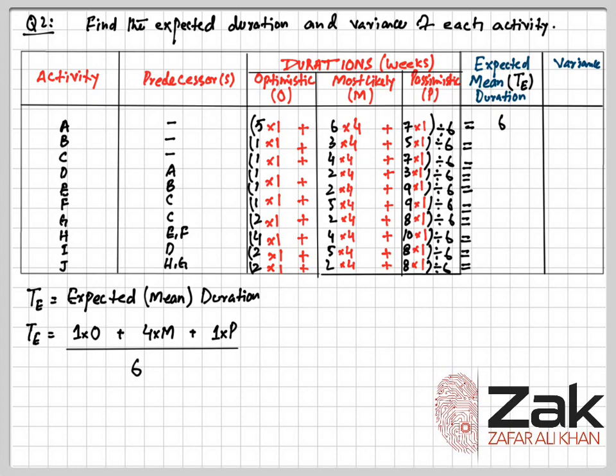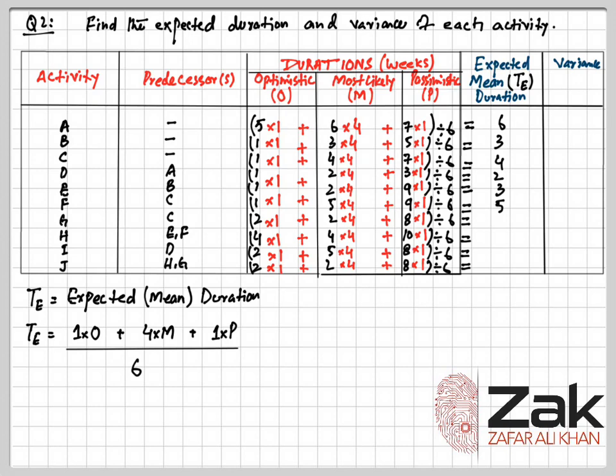For activity B, 1 into 1, 3 into 4 is 12, plus 5 into 1, divided by 6 will be 3. For activity C, it will be 4. For activity D, it will be 2, and for activity E, it will be 3. For activity F, it will be 5.